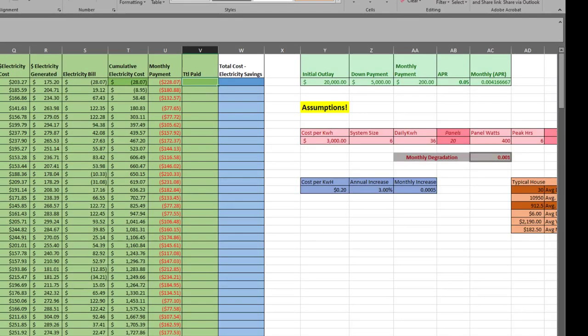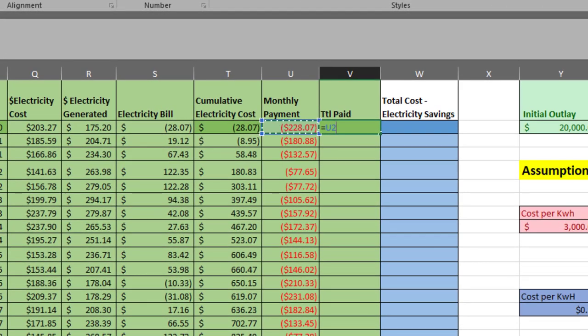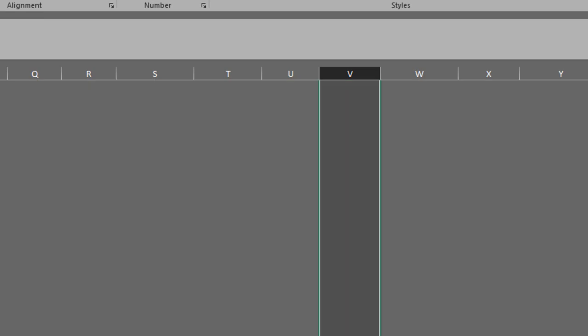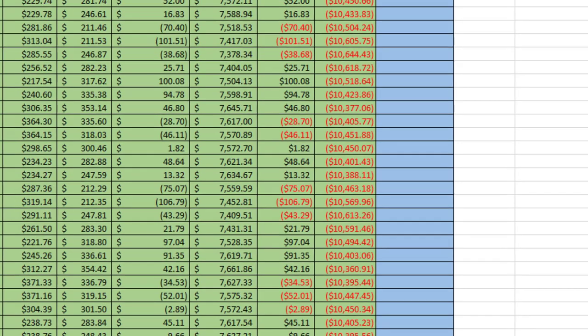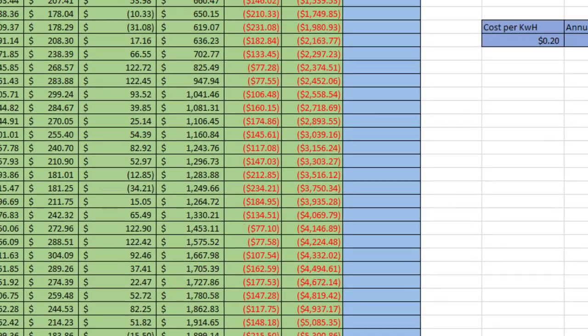Once again, we can repeat this sort of cumulative accounting. The total we paid in the first month was $228, and then we want to add to that what we paid in the subsequent months. After 2 months, it's $408, and here at the bottom is how much money we paid over the 20 years of the system.